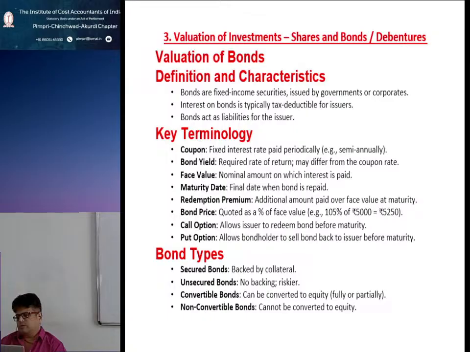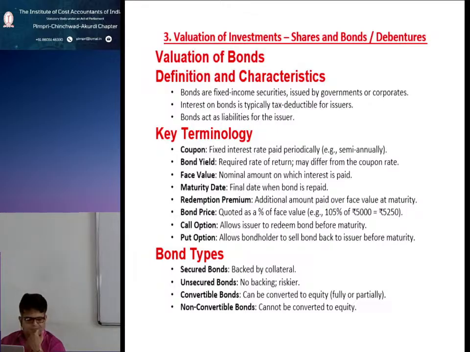Bond types. Depending on the characteristics of the bonds, the features of the bond, and the terms that are being used, the types of bonds get classified. The first type is secured bonds, which are backed by collateral. Backed means secured by collateral.